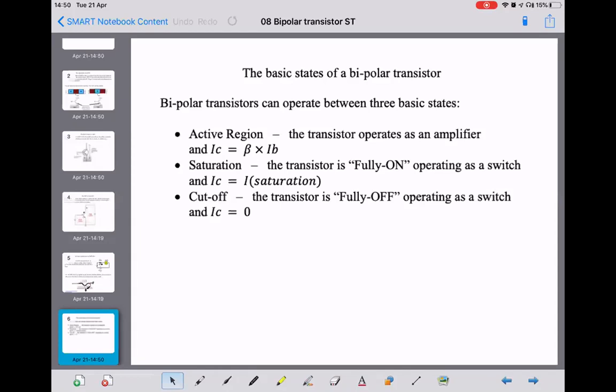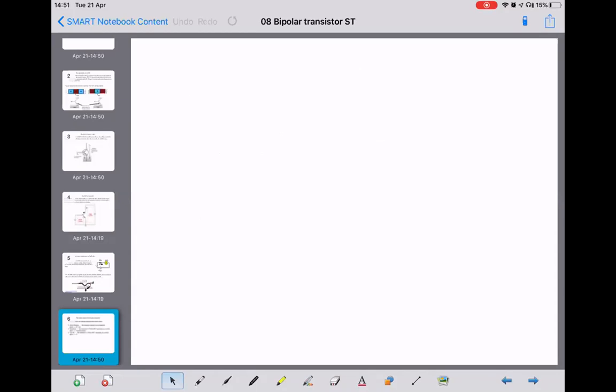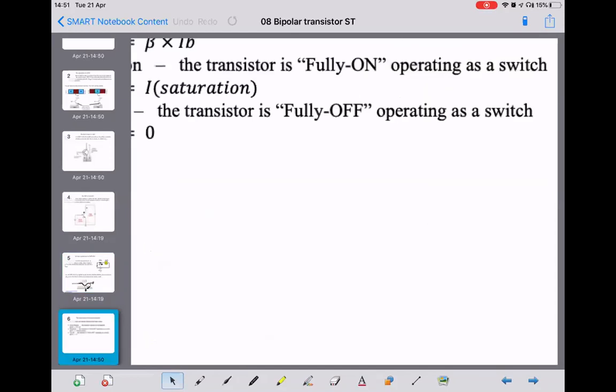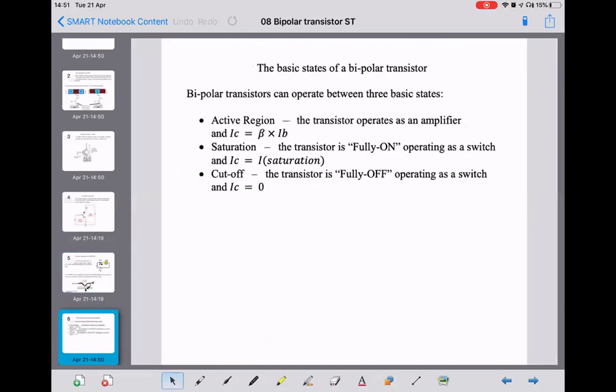So we'll cover that in more detail in a minute, but this Greek letter beta here is the current gain of the transistor. So more about that in a minute, but your collector current is your base current multiplied by the DC current gain of the transistor.